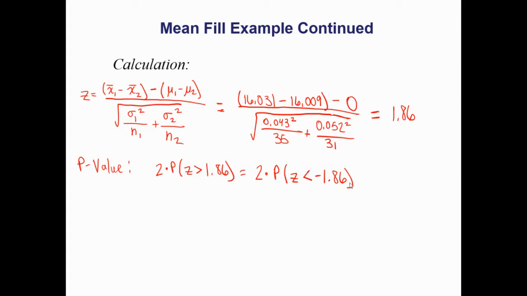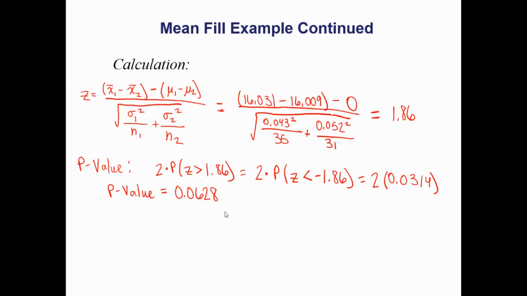Now let's look at our z table for negative 1.86 and see what probability we get. .0314. 2 times that gives you 0.0628.